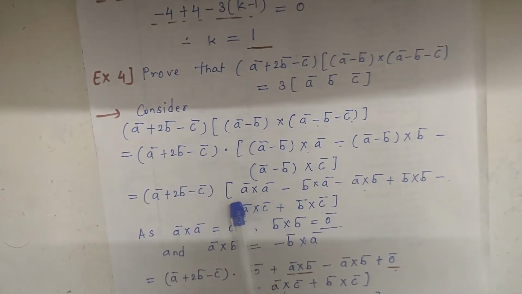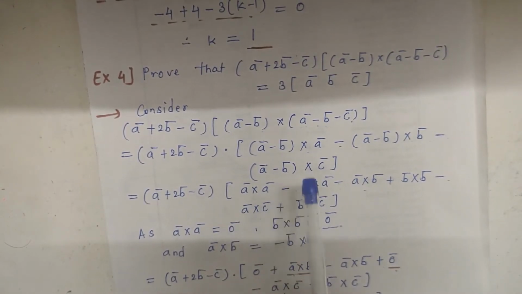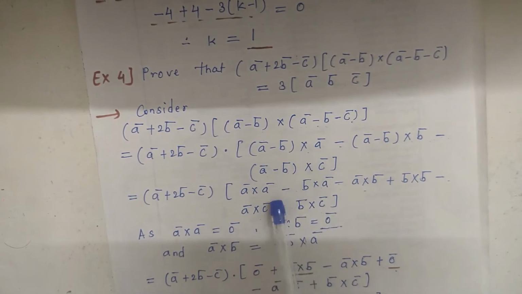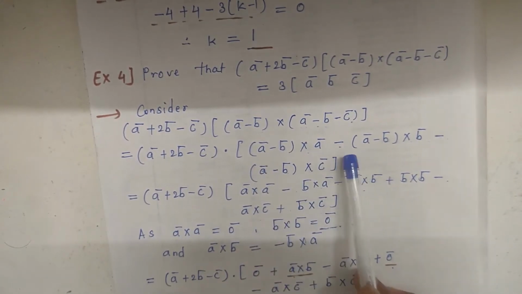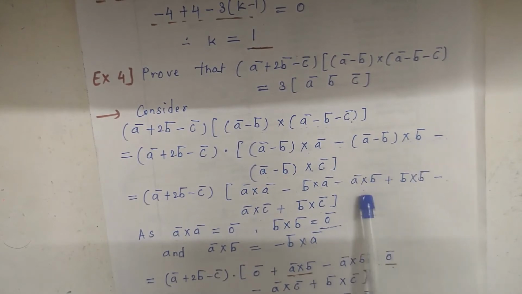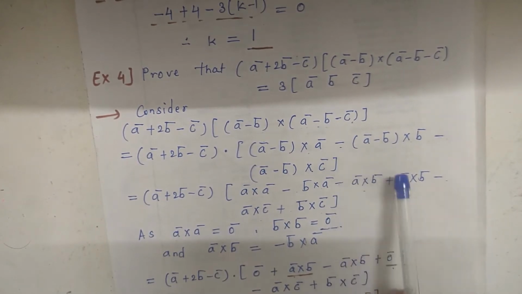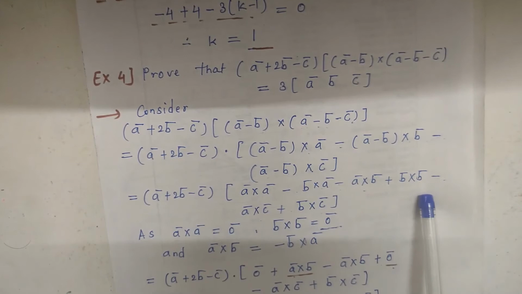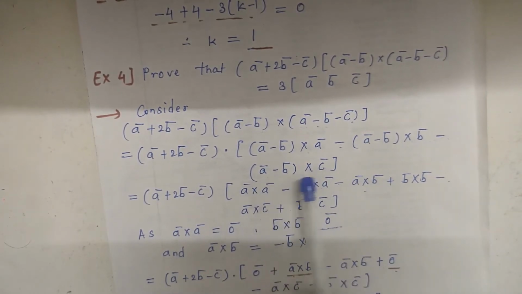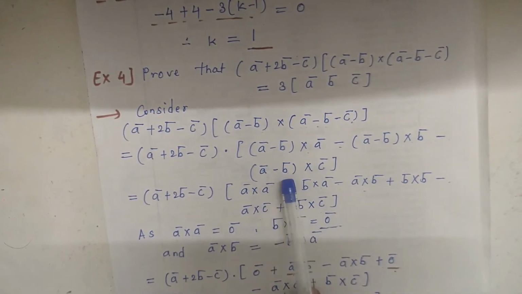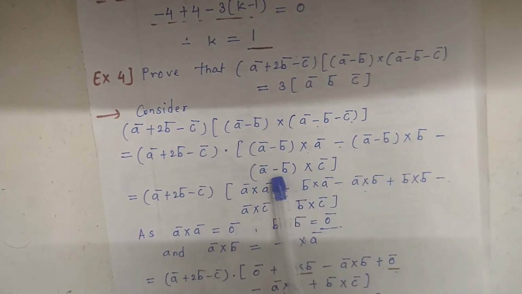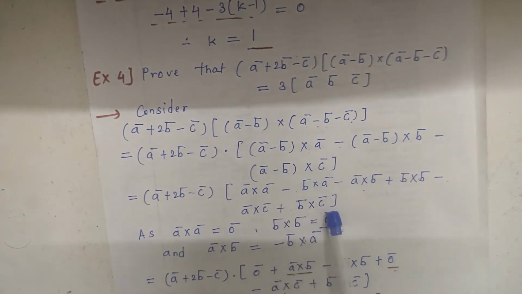Now in the next step we can distribute this cross product, that is a bar cross a bar minus b bar cross a bar minus a bar cross b bar plus b bar cross b bar, next sign minus a bar cross c bar plus, this minus and this minus will be plus b bar cross c bar.